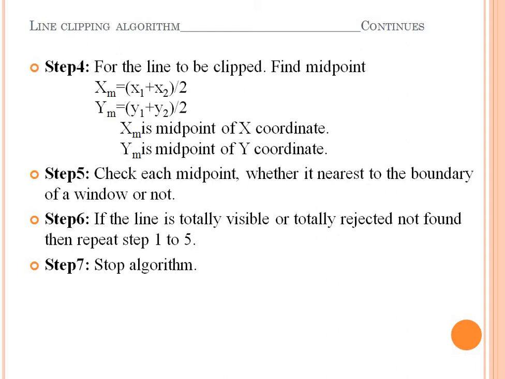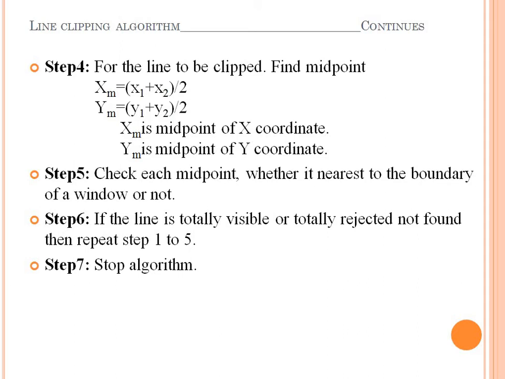Step five, check whether each midpoint is nearest to the boundary of the window or not. Step six, if the line is not found to be totally visible or totally rejected, then repeat steps one to five.